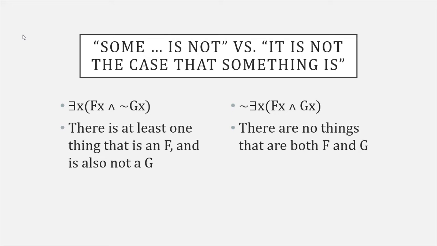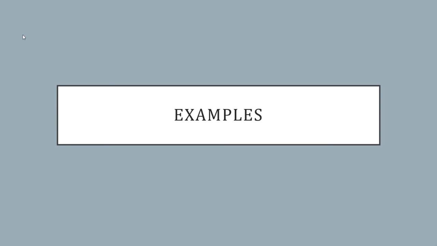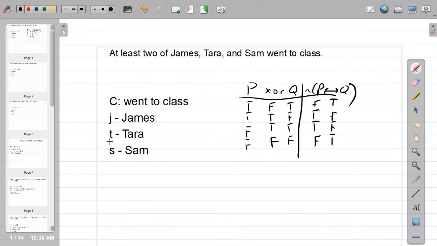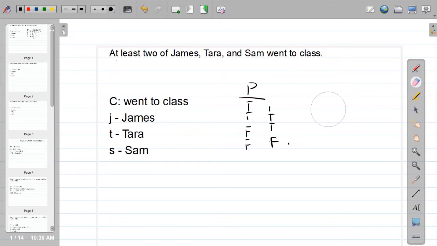Okay. So let's do some examples. Let's just do some symbolization stuff. In predicate logic this time, quantity.